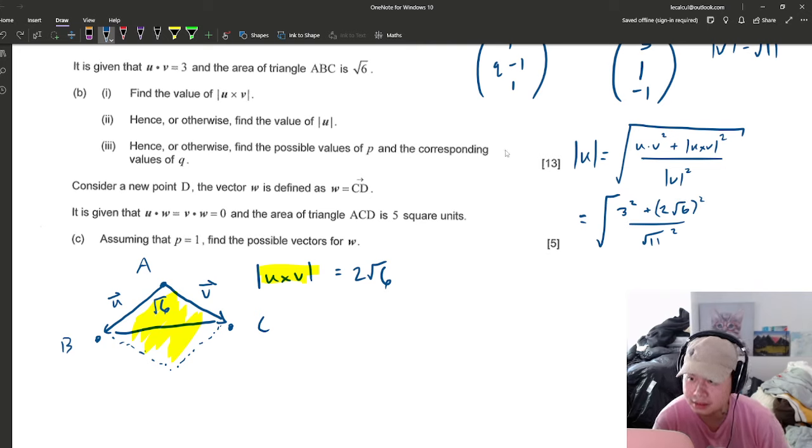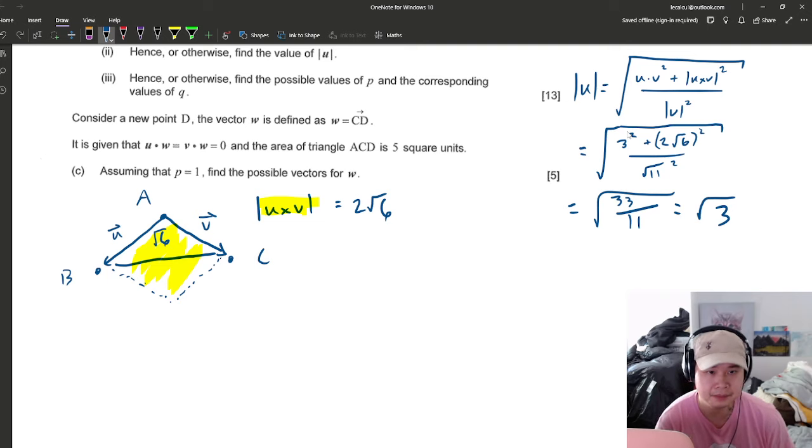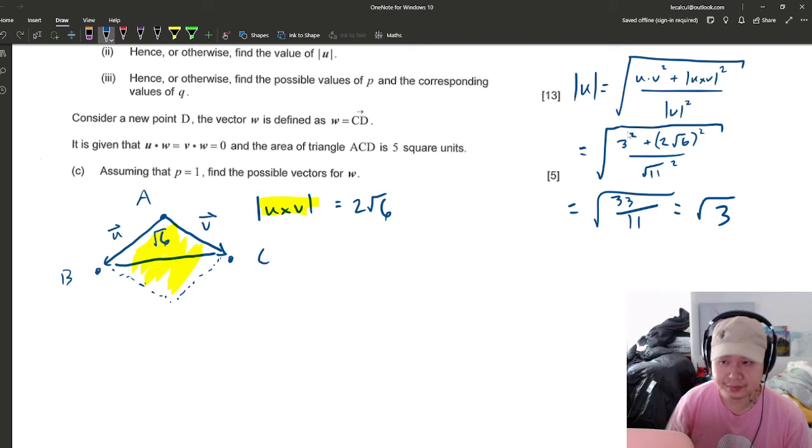If you do your math, the denominator is 11, and this is 9. This is 4 times 6, which is 24, plus 9 is 33. And then 33 divided by 11 is 3. So this is root 3.